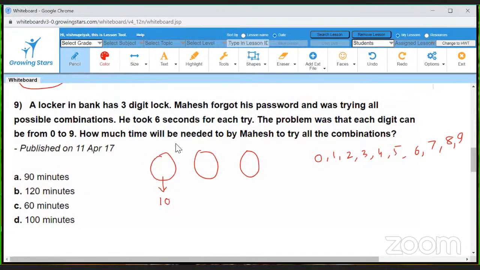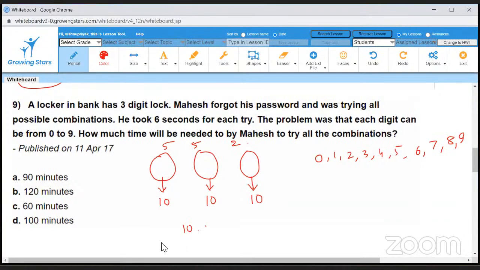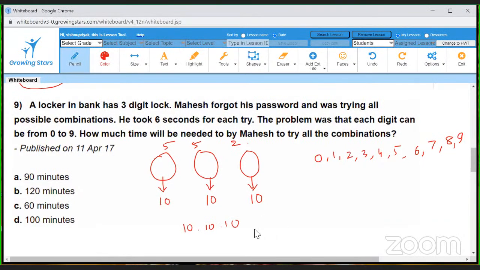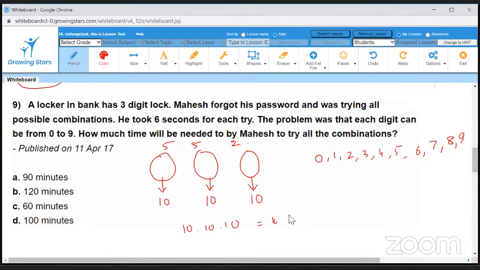In the second place also, he can put any one of the 10 numbers, because when you keep a password, you can repeat it. Like you can keep 552 as the password. 5 can come 2 times, nothing wrong. And the third digit also can be filled in 10 ways. So total 10 into 10 into 10, that is 1000 ways to try.